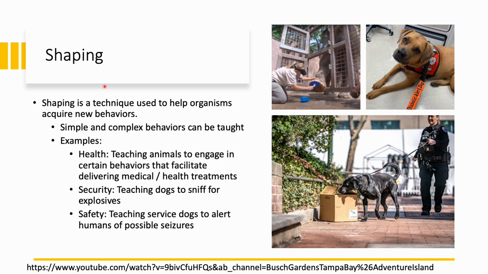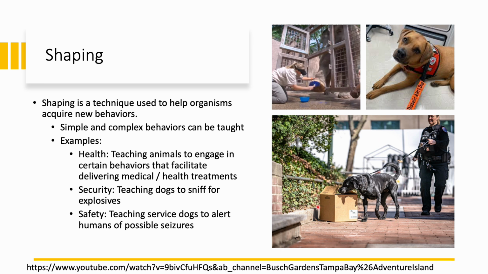Okay, so I'm going to go over what shaping looks like in a second, but I'm going to show you other behaviors that have been taught through the process of shaping that I think are quite impressive. Shaping has been used to teach security type behaviors and to teach safety type behaviors. So teaching dogs to sniff for explosives and identify where there are explosives or even drugs, right?